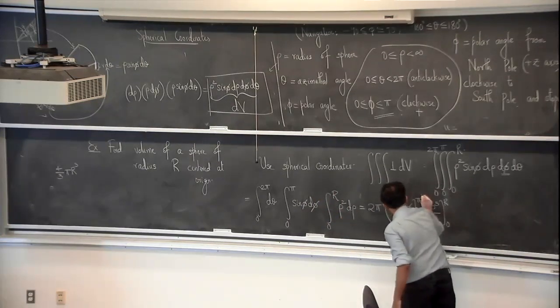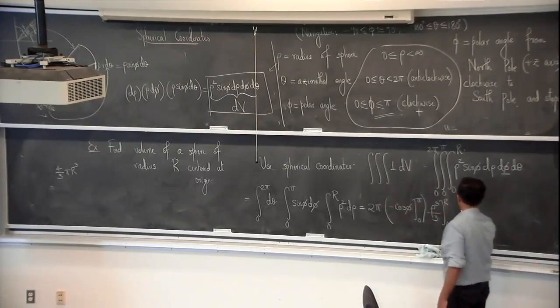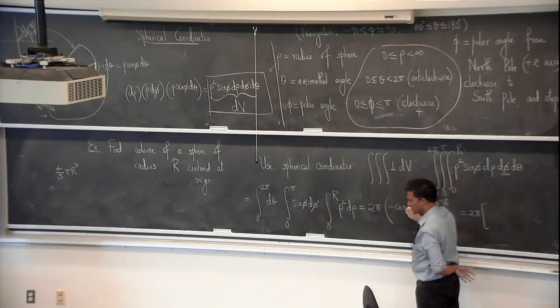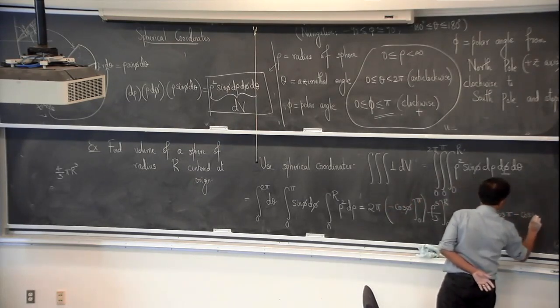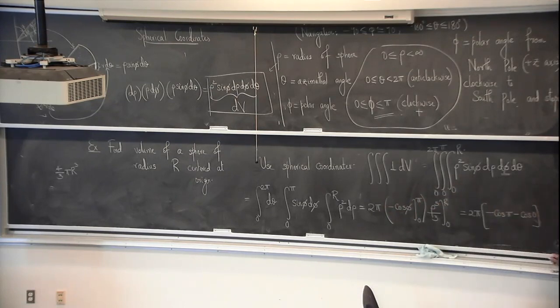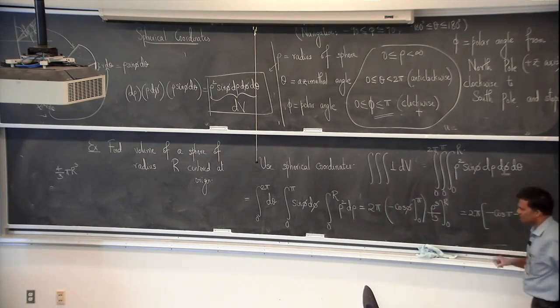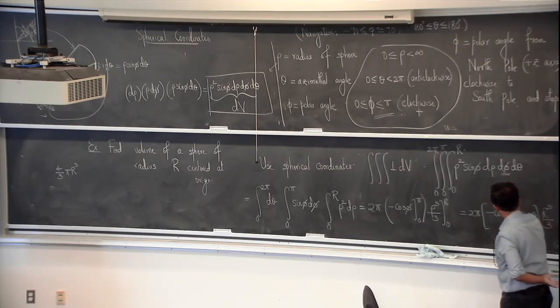This is a multiplication. So this is 2 pi, times negative cosine pi minus negative cosine 0, times r to the power of 3 over 3. So you got bits and pieces. You got a pi, you got an r to the power of 3 over 3, you got a 2. The question is, what is this term? Well, cosine of pi is -1. So this is negative of -1, that's positive 1.